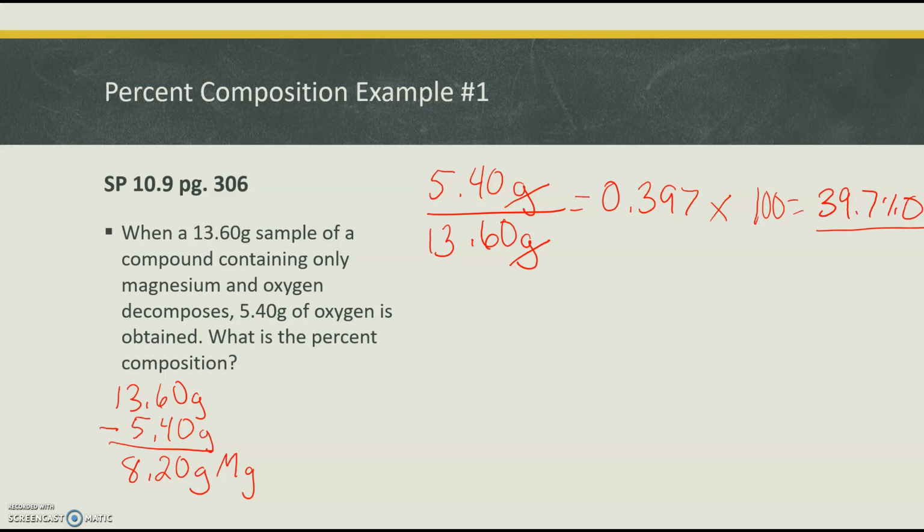From here, we simply take our 8.20 grams of magnesium and put it over the 13.60 grams, which is our total. Again, grams cancel out, which gives us just the number, 0.603.